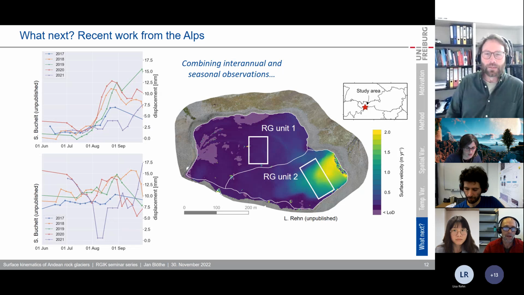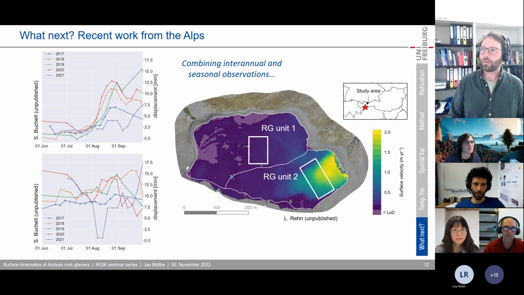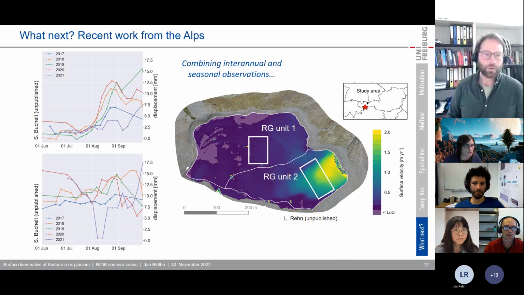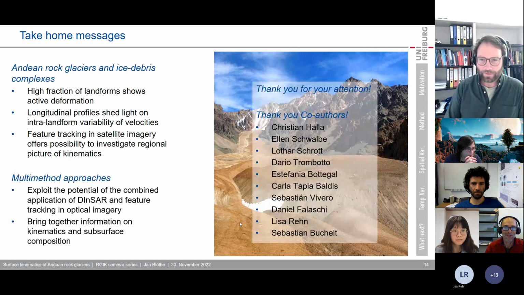Is it the line of sight displacement or something like that? Exactly, this is line of sight displacement, combining both lines of sight, so both ascending and descending orbits. Okay, yeah, that means that you can detect the vertical motion. Also, yes. So it could be another component to your motion, which can be significant in summertime.